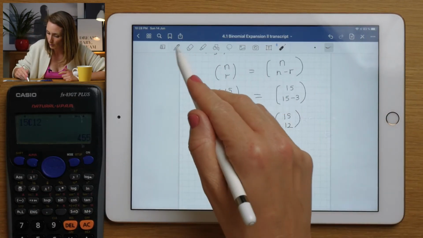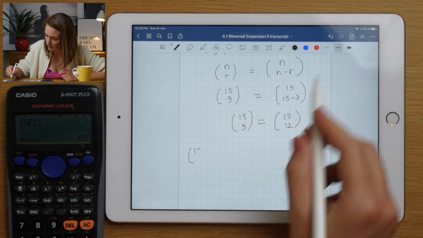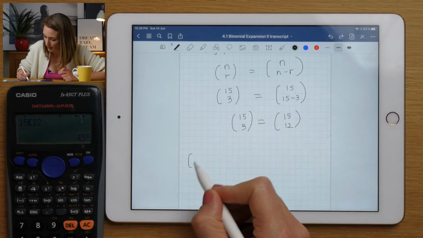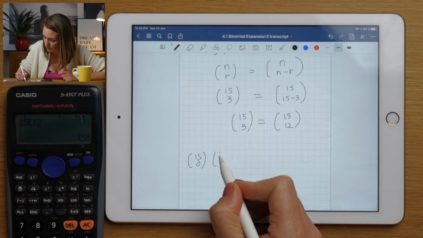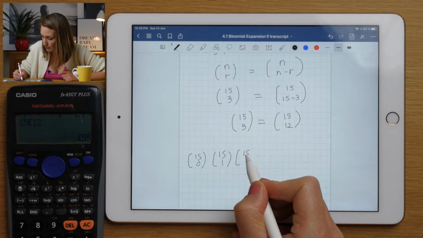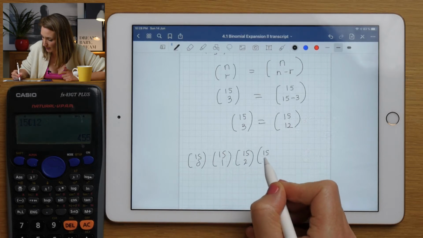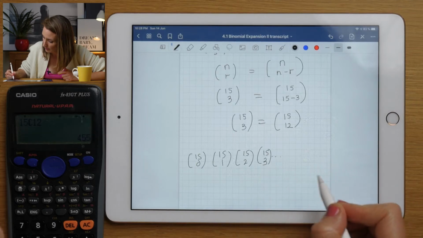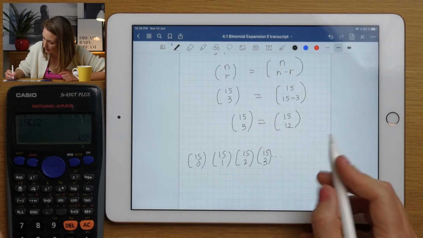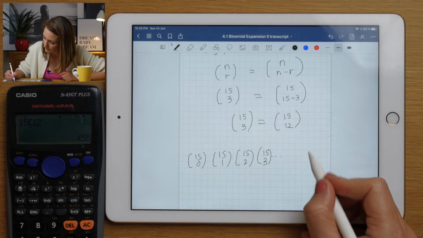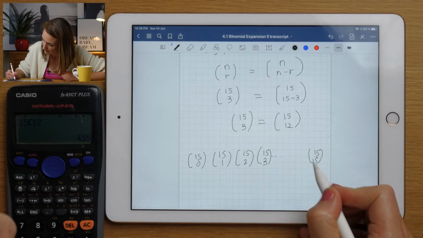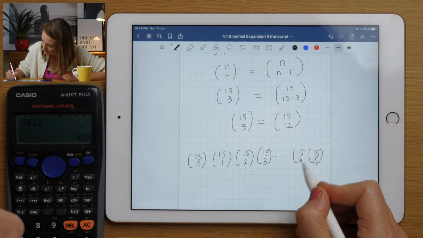So basically, if you were going from one side, if you're thinking about your triangle, you would have 15 choose 0, 15 choose 1, 15 choose 2, 15 choose 3, lots of space in the middle. And if you were coming from the other side, you'd have 15 choose 15, 15 choose 14.